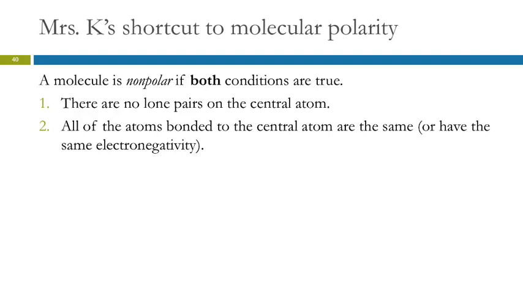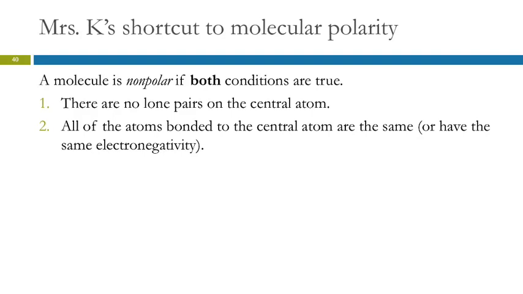So the molecule will be nonpolar if both of these conditions are true. No lone pairs on the central atom, and all the atoms bonded to the central atom are the same, or they have the same electronegativity. In Chem 1A, we'll mostly just be dealing with, are they the same or are they different? The reason that this works is when you have lone pairs on the central atom, that messes up the symmetry.